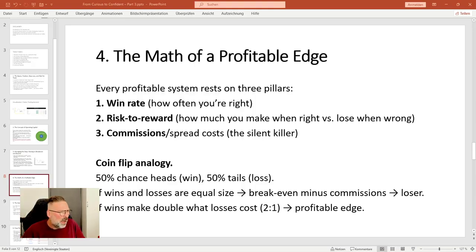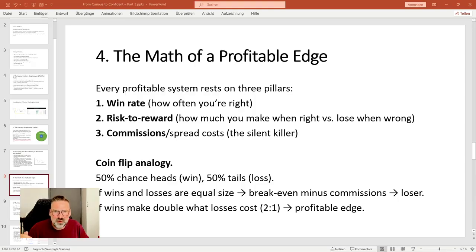And now every profitable system rests on 3 pillars. First is win rate. Yeah, how often are you right, percentage-wise? The second is risk to reward. So how much do you make when you're right versus you lose when you're wrong? We already covered the losing part. That's your stop loss.